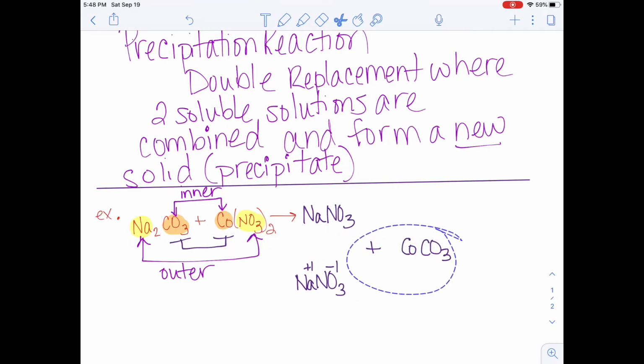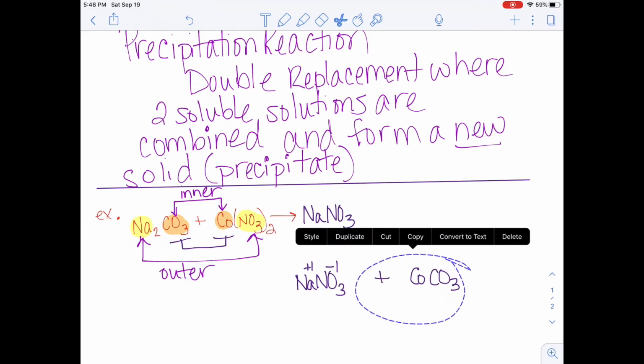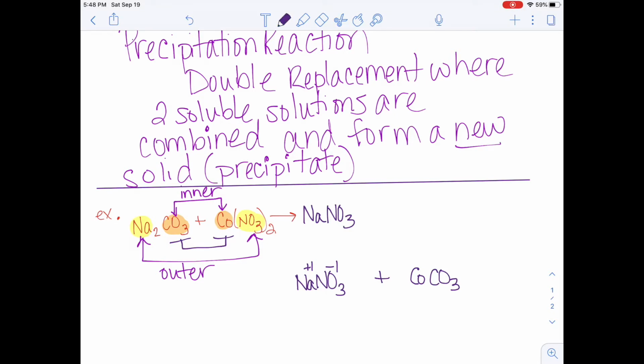And then the cobalt and the carbonate are a little bit tricky. The cobalt in particular, we have to look at the reactant side to see what charge cobalt was, since it's a transition metal. Since nitrate has a -1 charge, and there are two nitrate groups here, -1 times 2 means the nitrate has a total -2 charge.